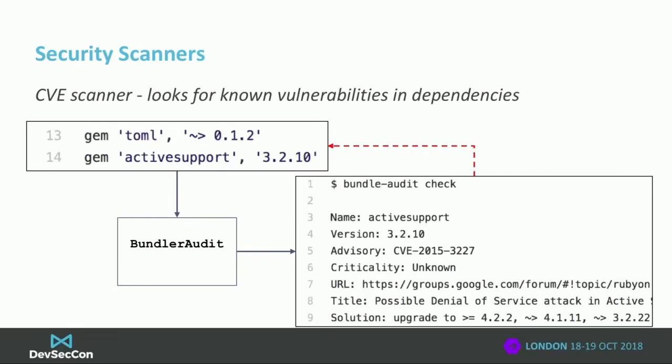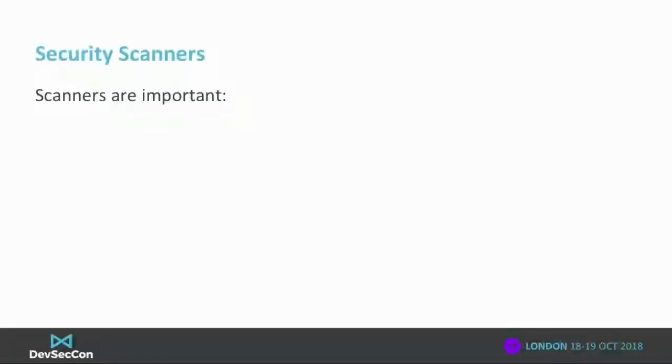So these scanners are really good, and I do recommend knowing which scanners are relevant to your frameworks. And as Liz said two speeches ago, this will probably save your ass one day. So scanners are really important. I think, firstly, CVE scanners can be quite powerful.